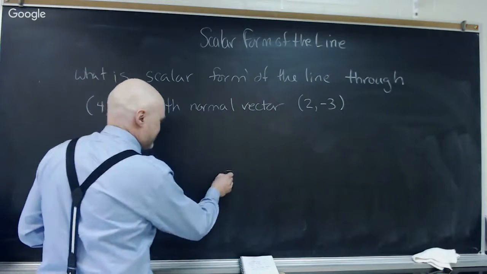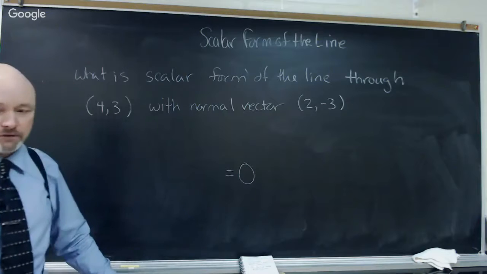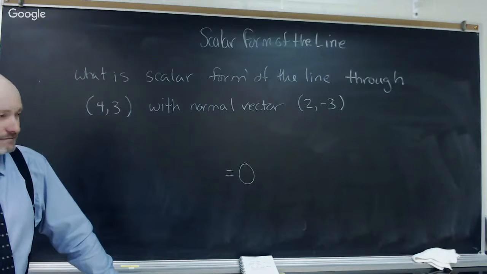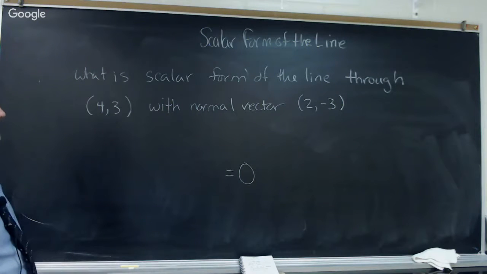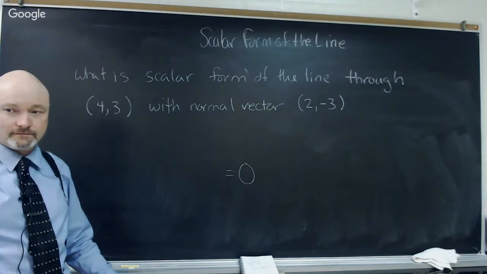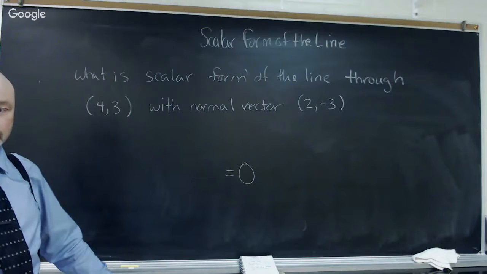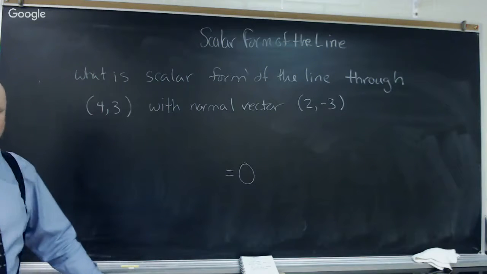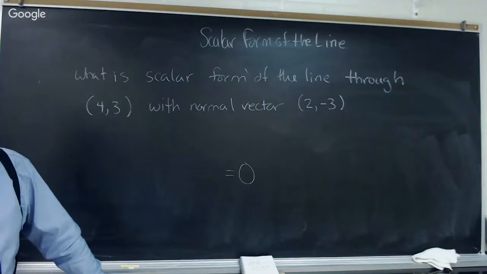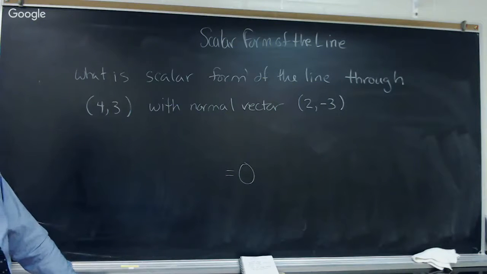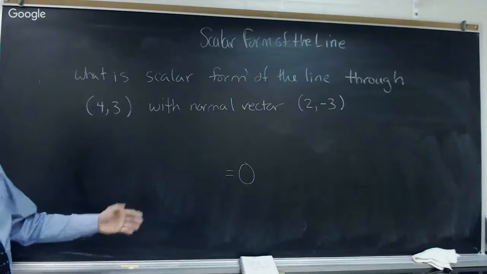Any better suggestions how we could do this quickly and easily? How much can you tell me about the scalar equation right now, just looking at it? Well, we would know the A and B. Perfect.